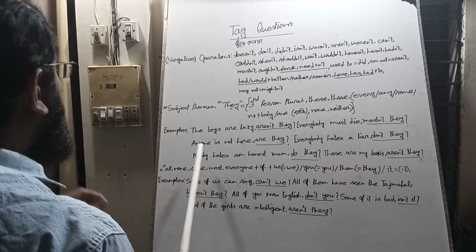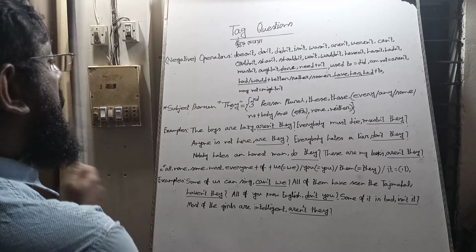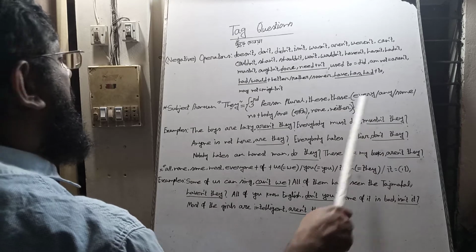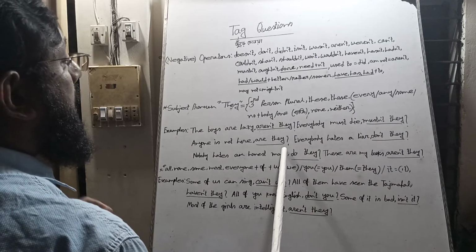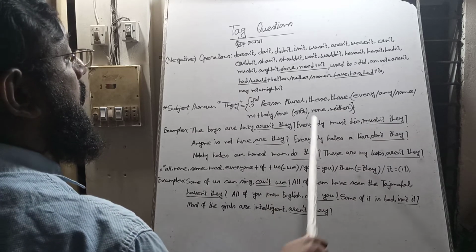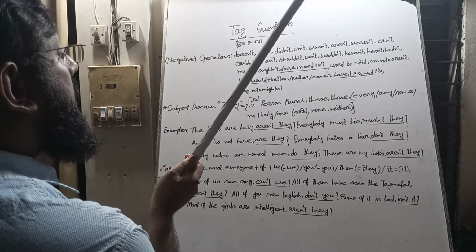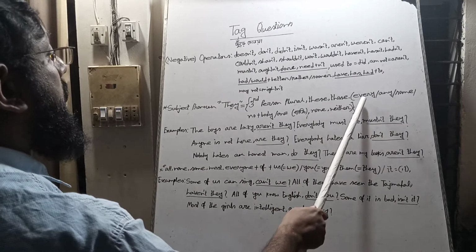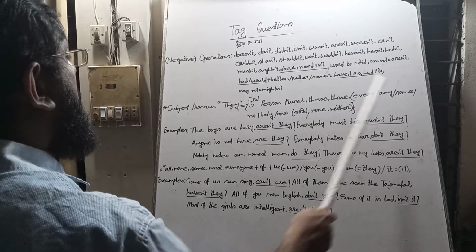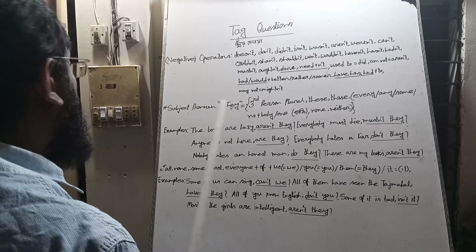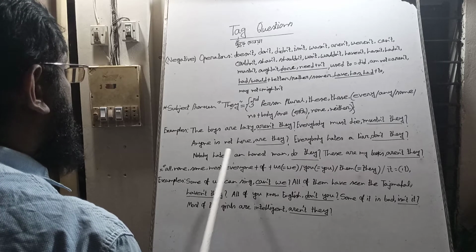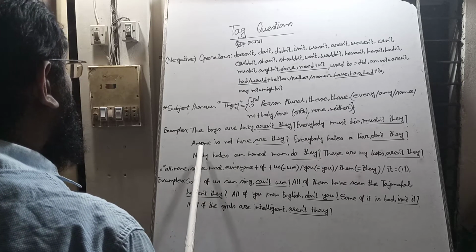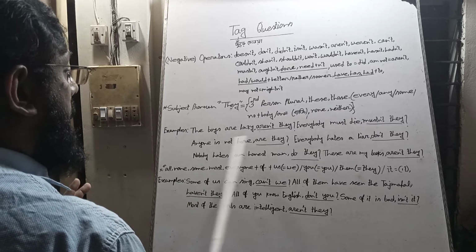But when we make the tag question, we use third person plural pronoun they instead of any indefinite pronoun: everybody, everyone, nobody, no one, anybody, anyone, somebody, someone, none, neither. So we take they as the pronoun of anyone.